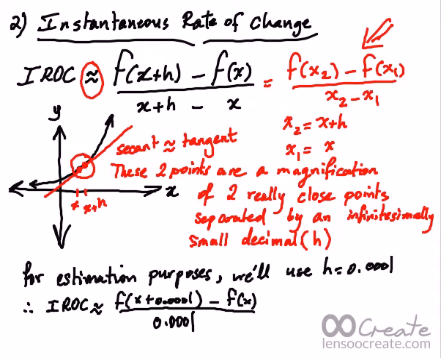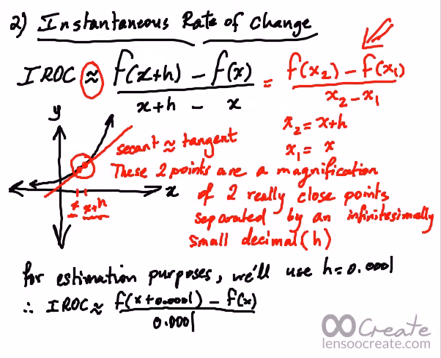The idea behind them is that these are a magnification of 2 really close points separated by an infinitesimally small decimal h. And that's why I write for the first point x as its coordinate. For the second point, I write its x coordinate as x plus h. So there is a difference of h between the first point and the second point.